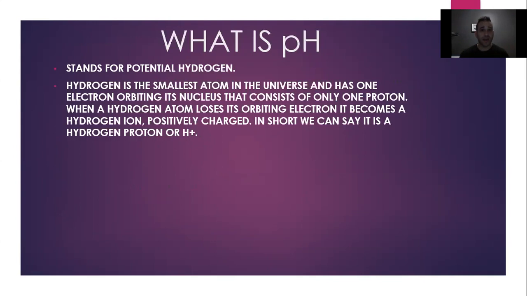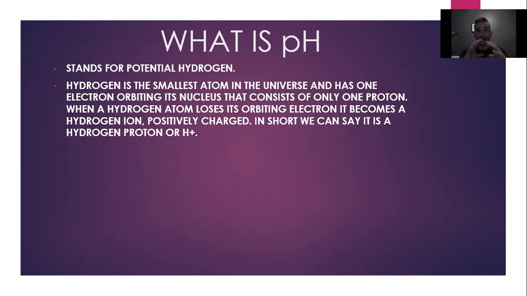When a hydrogen atom loses its orbiting electron, it becomes a hydrogen ion, positively charged. In short, we can say it is a hydrogen proton, or we call it H+.